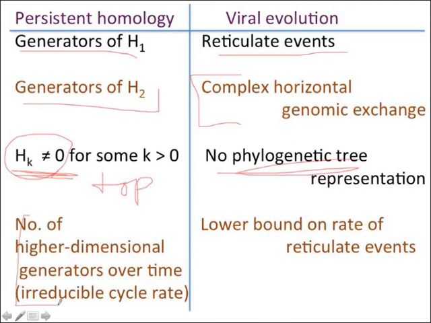And our irreducible cycle rate was the lower bound on our reticulation events, so the lower bound on the number of homologous recombinations, or how fast the mutations occur via reassortment or recombination. So that basically finishes up our viral evolution. Any questions about viral evolution?